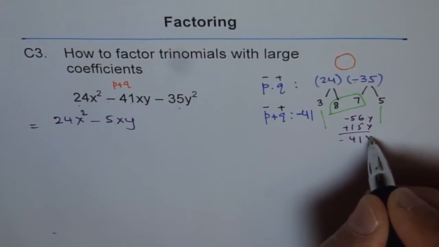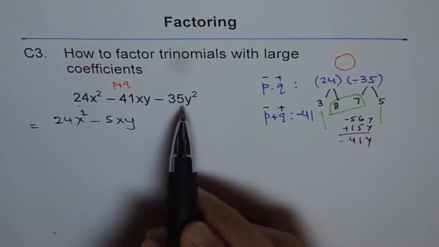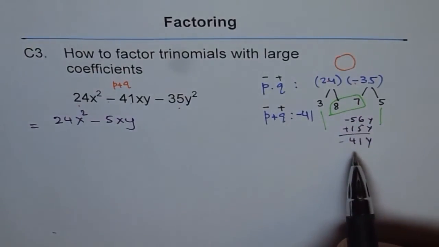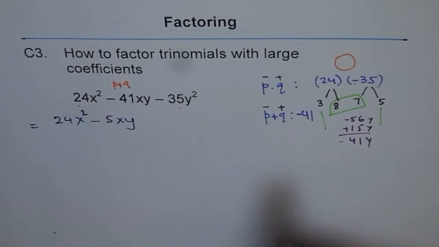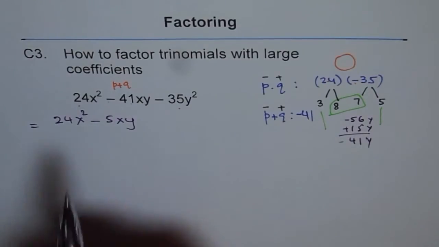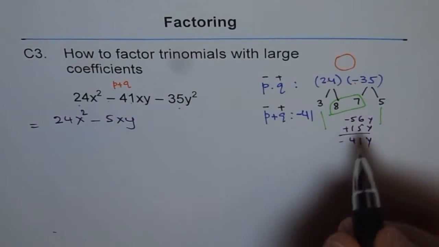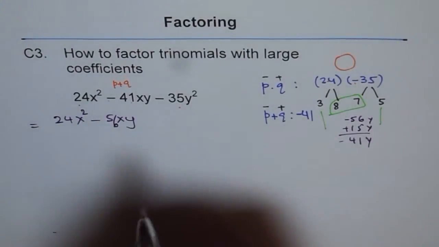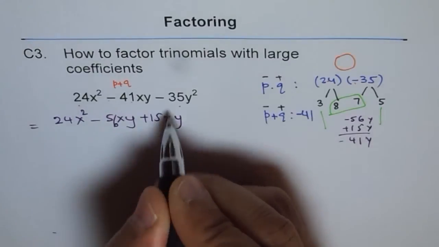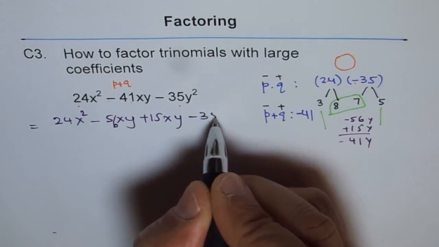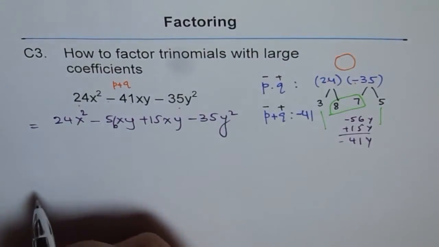When we multiply, we get the product with y squared, and when we add, we get the sum with minus 41y. Do you see that? So I can write this as minus 56xy, I forgot the 6 here, and plus 15xy, and then we have minus 35y squared, correct?